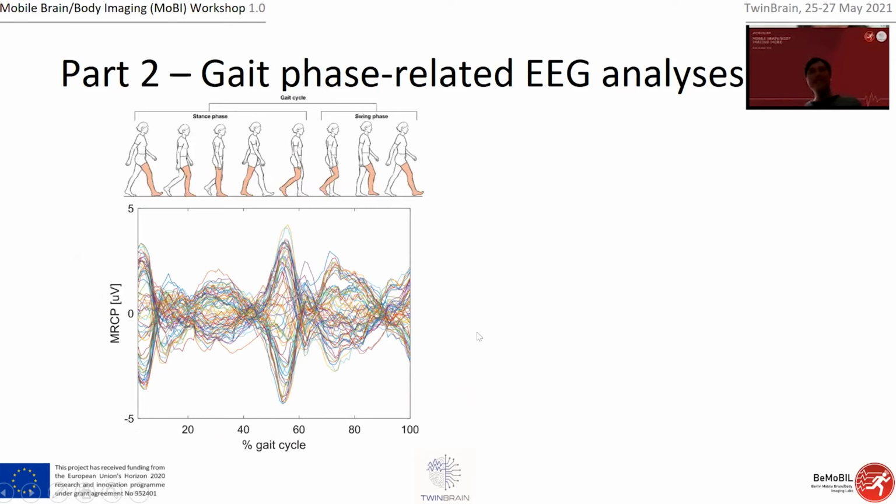What you can see here is already quite suspicious. If you just do that without any further correction, just remove some components and mark some valid bouts, what you come up with is these MRCPs. These are all channels. And what you can already see are these two very strong fluctuations, one at about 0 and the other at about 50%. But that is exactly the timing where the heel strikes are, meaning this is exactly when you are moving the head the most.